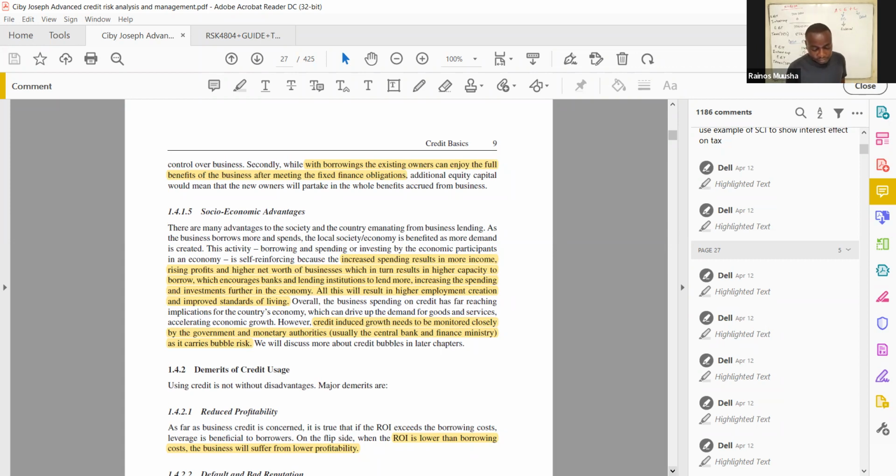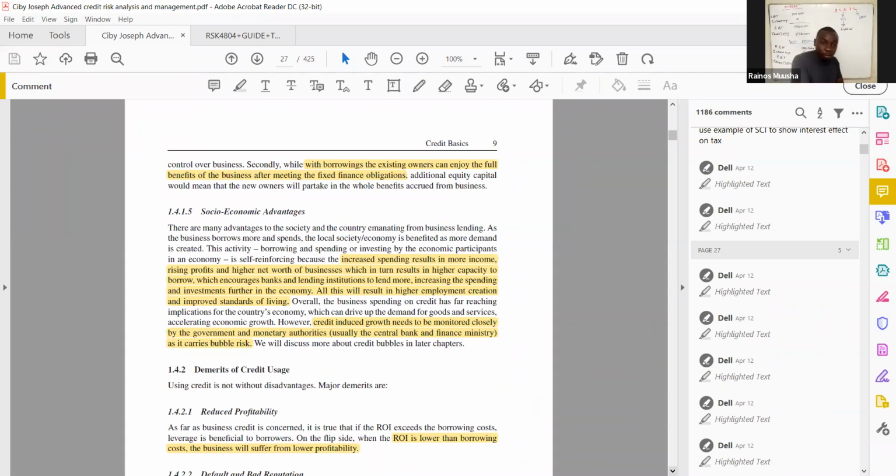So when you look at the socio-economic advantages, we're basically saying, if companies are able to borrow money, they are able to produce more goods. If individuals are also able to borrow money, they are able to use that money to increase spending, which means there's going to be more demand for the companies' goods. With more increased spending, the companies are able to make more money, and in simple terms, they're able to employ more people.